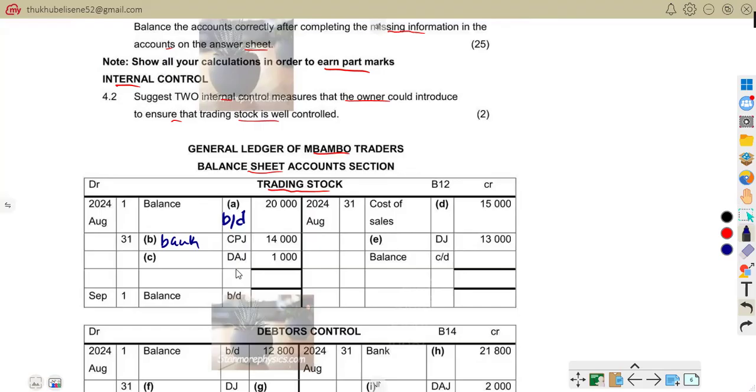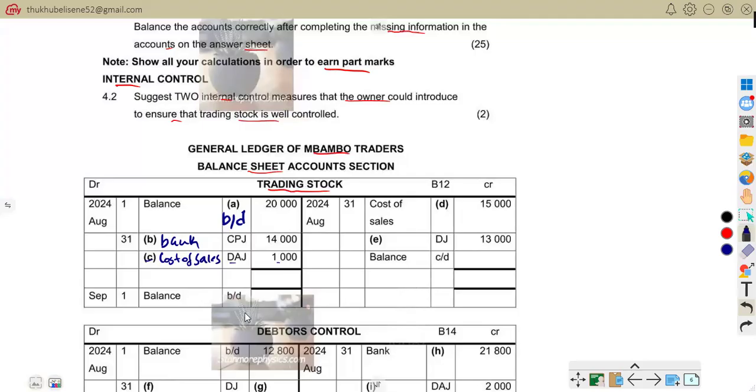So now we are to move on to C. As you can see here, we have a debtors allowance journal of 1,000. So it means here we are talking about cost of sales. What are we to write there? We are to write cost of sales. Why?